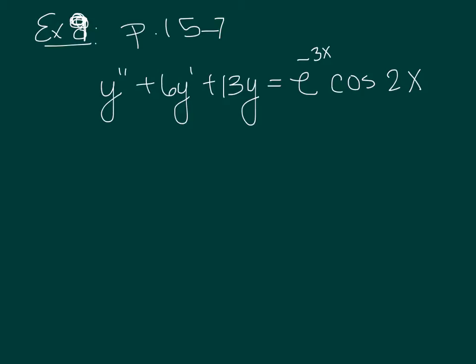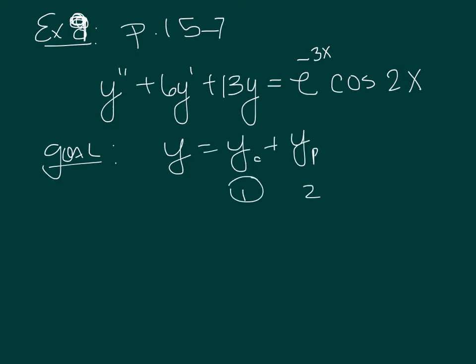Here they're just asking for the particular solution, but let's go ahead and find the general. They're skipping a lot of steps. So the main goal is to find this guy. Again, this could be like number 1, number 2.